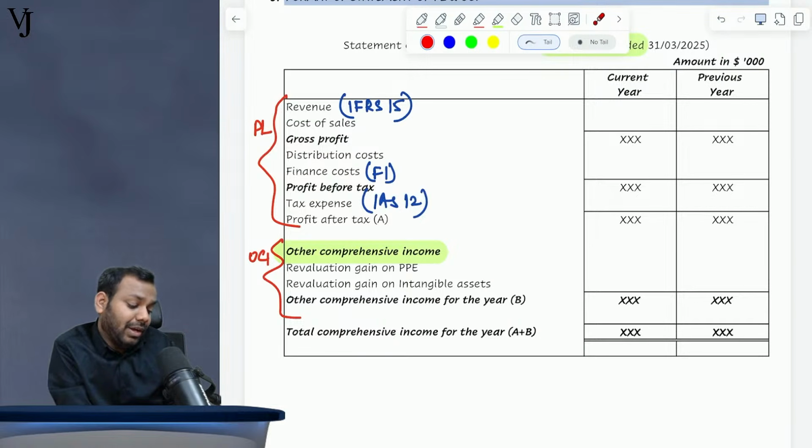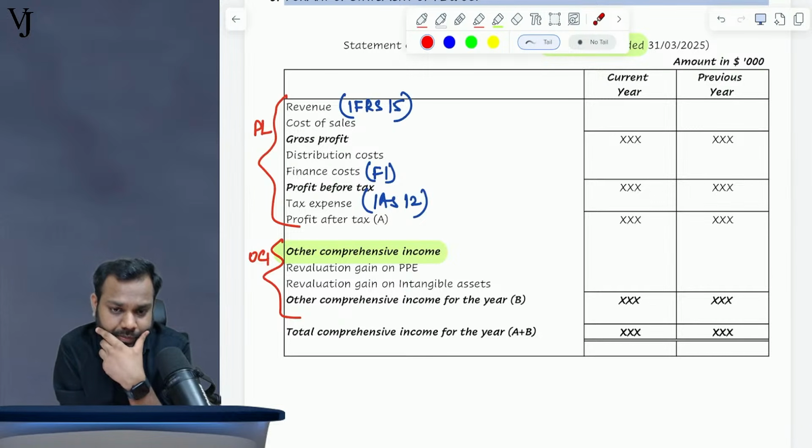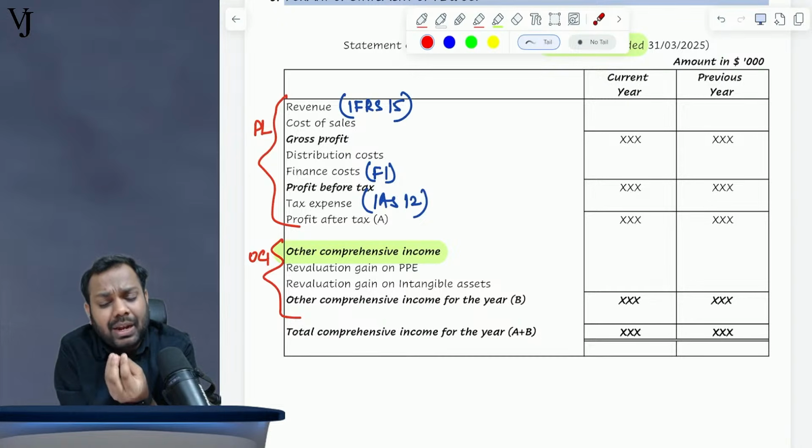So understand, ideally the intent of the accounting standard setting board for other comprehensive income was just to make it for disclosure purposes. Why? Whenever there is a movement during the year, basically whenever there's an income or an expense, a gain or a loss, we have to recognize it in P&L.